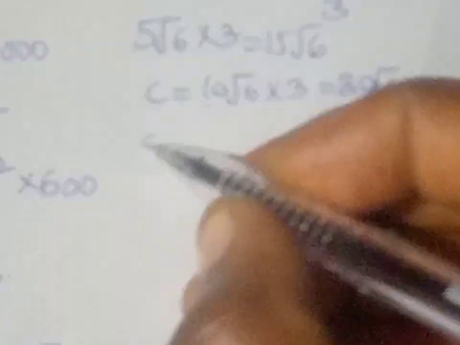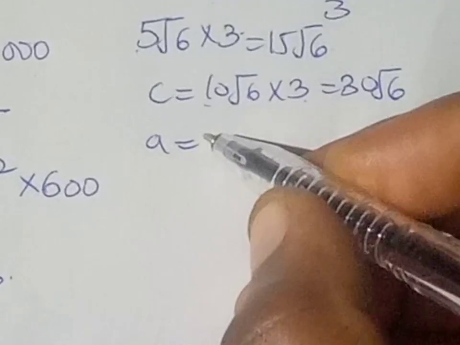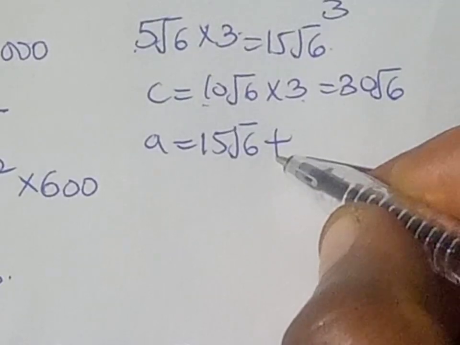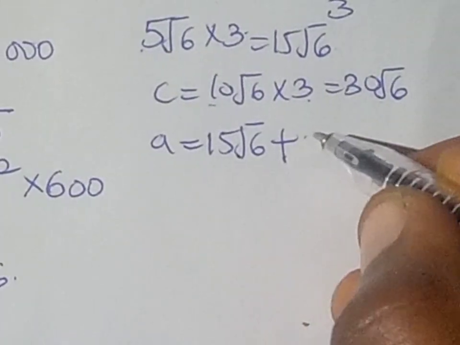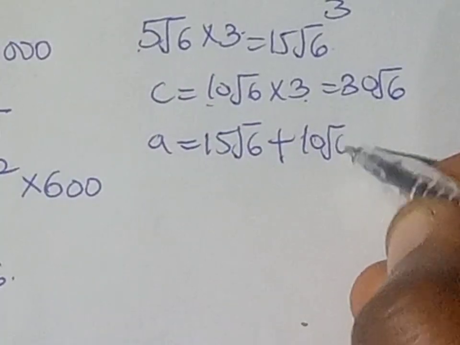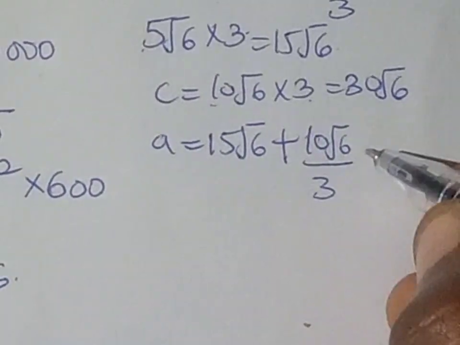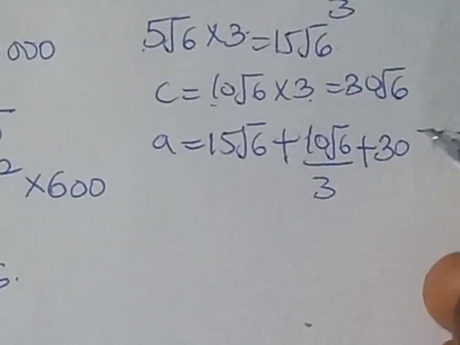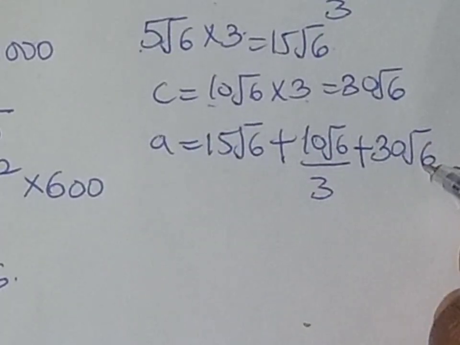Now we have A as 15 root 6, plus our B, which is 10 root 6 divided by 3, plus our C, which is 30 root 6.